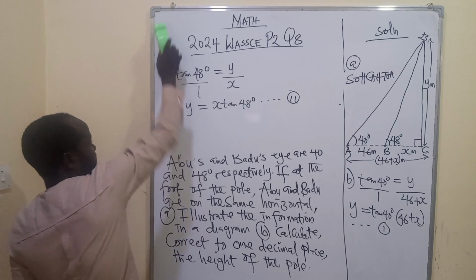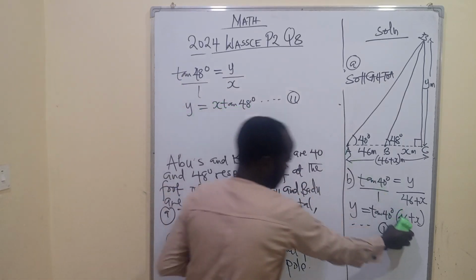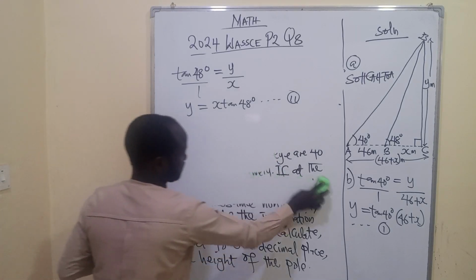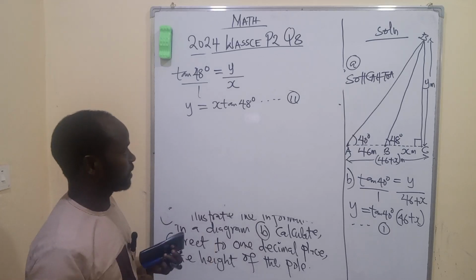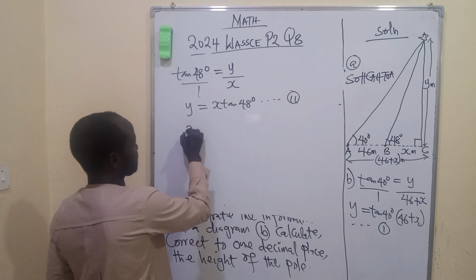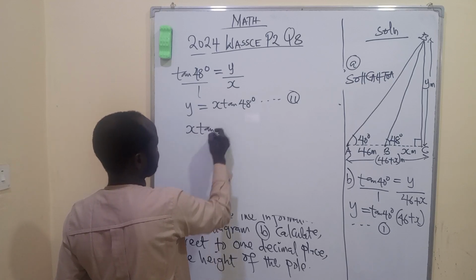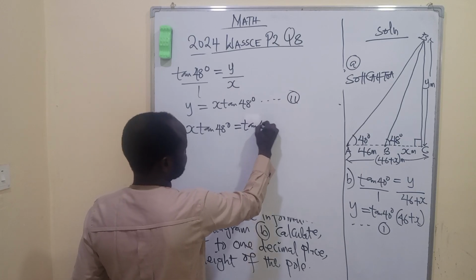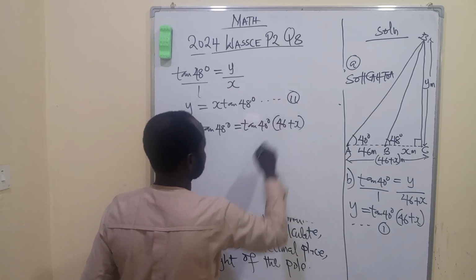So clearly, from equation 1 and 2, y is equal to this and y is equal to that, meaning we can equate these two equations. We can equate equation 1 and 2 to solve for x. Okay? So it means x tan 48 degrees will be equal to tan 40 degrees times 46 plus x.